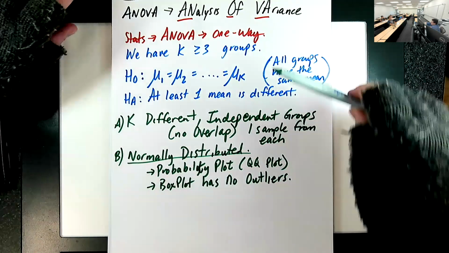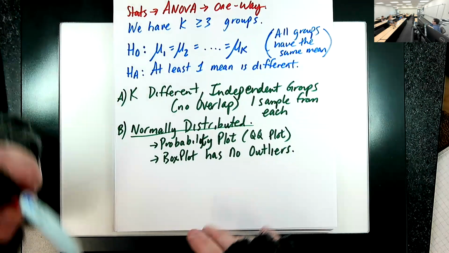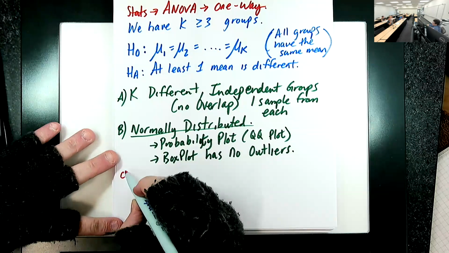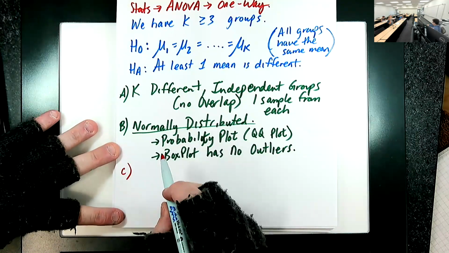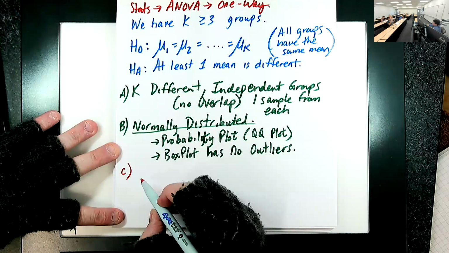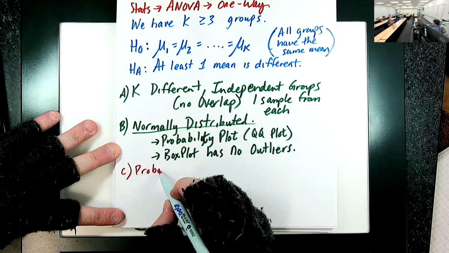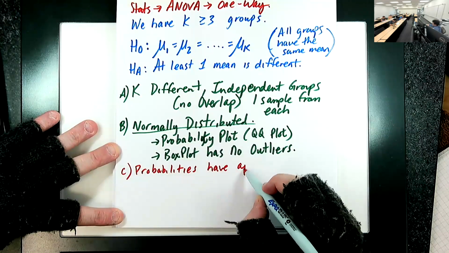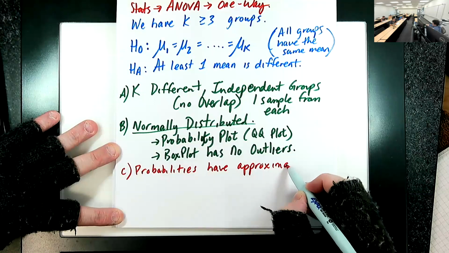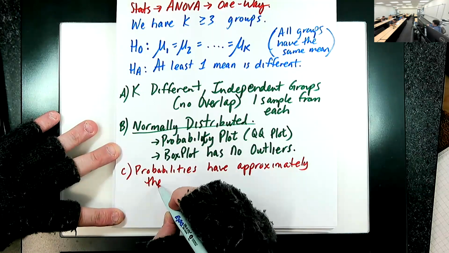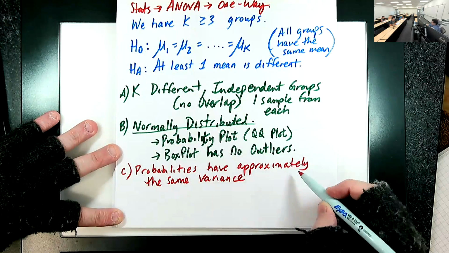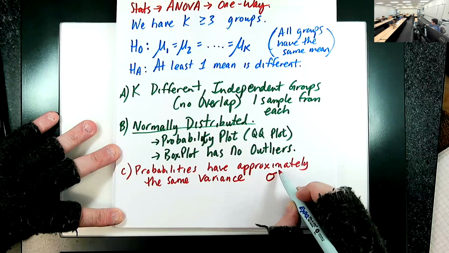The next one is the one that you actually have to check for, and it has a little bit of work. Thankfully, you don't need to do it on the final because you're not going to have the computer to help you with it. But when you're doing homework, you want the groups to have approximately the same variance. Remember, variance is standard deviation squared.